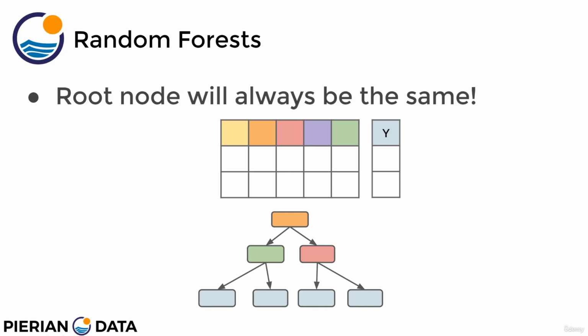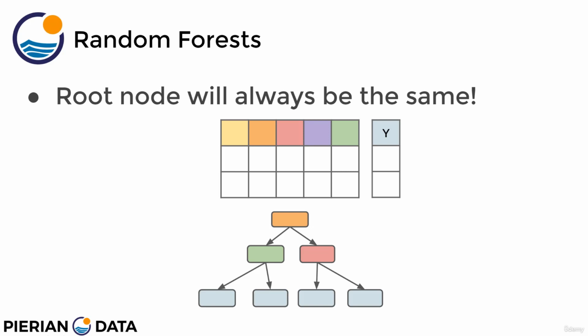The other thing to note here is that for a certain set of rules you use to build out your single decision tree, the root node would always be the same. If you're using the same rules, that is the same information criterion, the same max depth, the same number of splits allowed, etc., then your single decision tree was always going to look the same for that set of rules, which means the root node will always be the same.